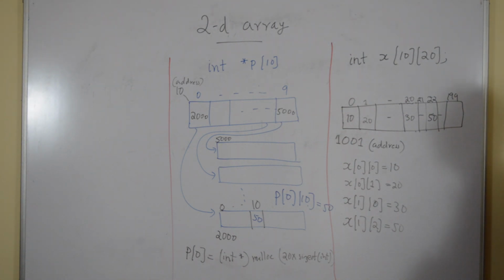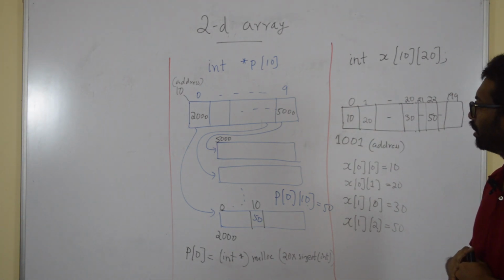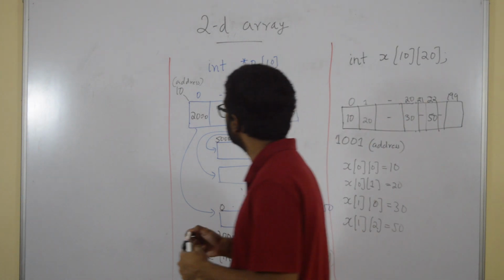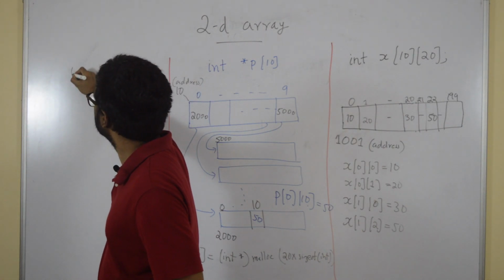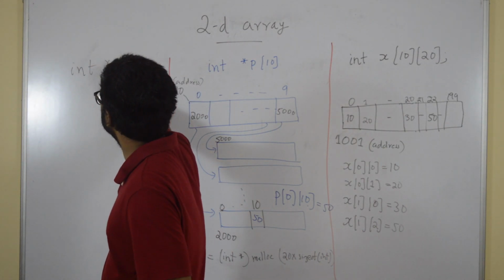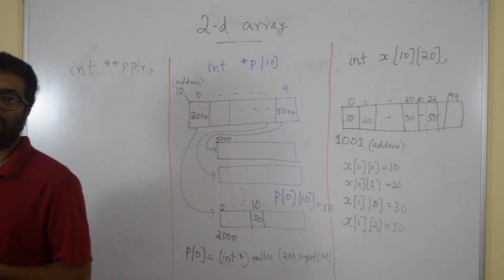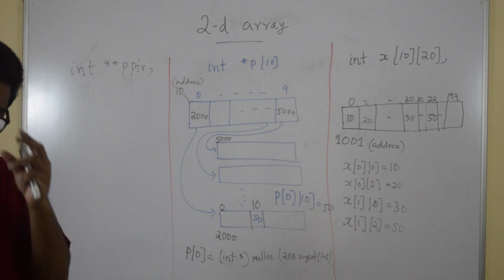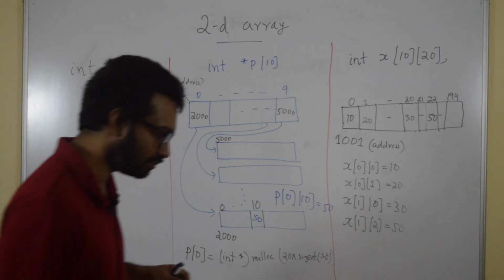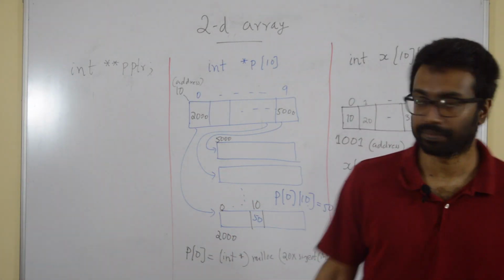Now, next thing is the third view. The third view is the following view. I have declared a pointer to a pointer. Okay.